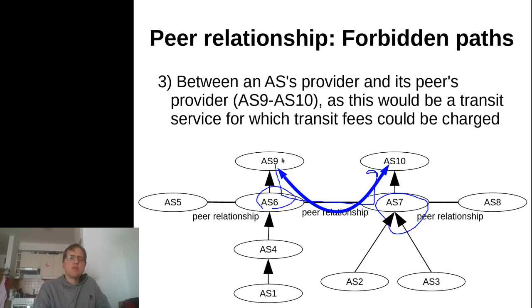The providers will need to take care of exchanging their traffic themselves, because just recall, both AS6 and AS7 would be charged by their respective providers for every single bit of traffic forwarded along that path, and this is of course against their economic incentives.